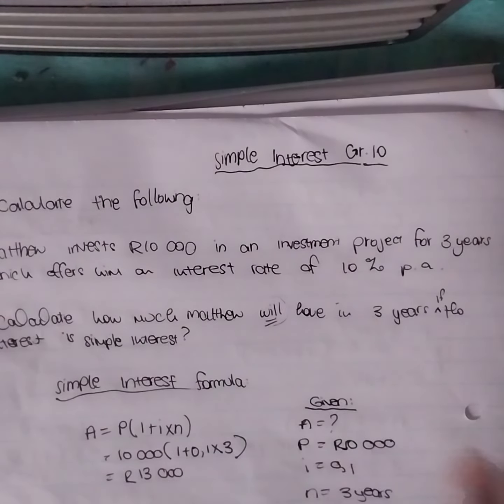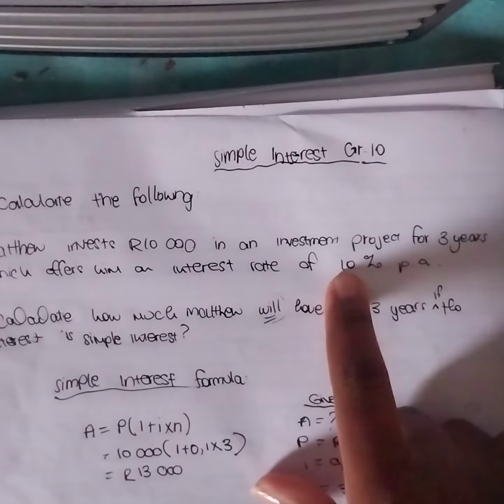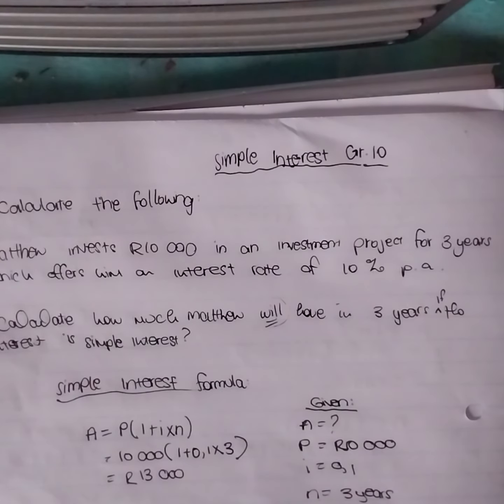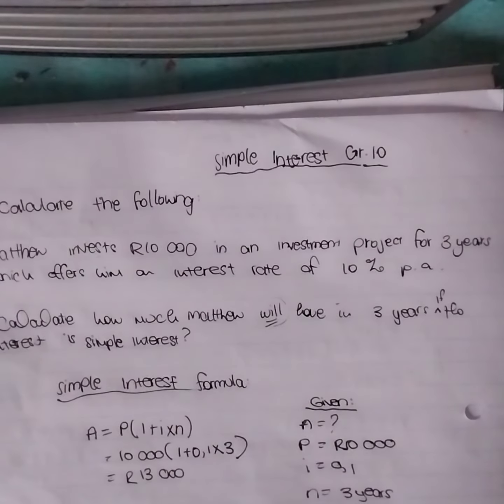Write down the number you're given, say 10, then press shift and the percentage symbol above the bracket, then equals, and it's going to give you 0.1.